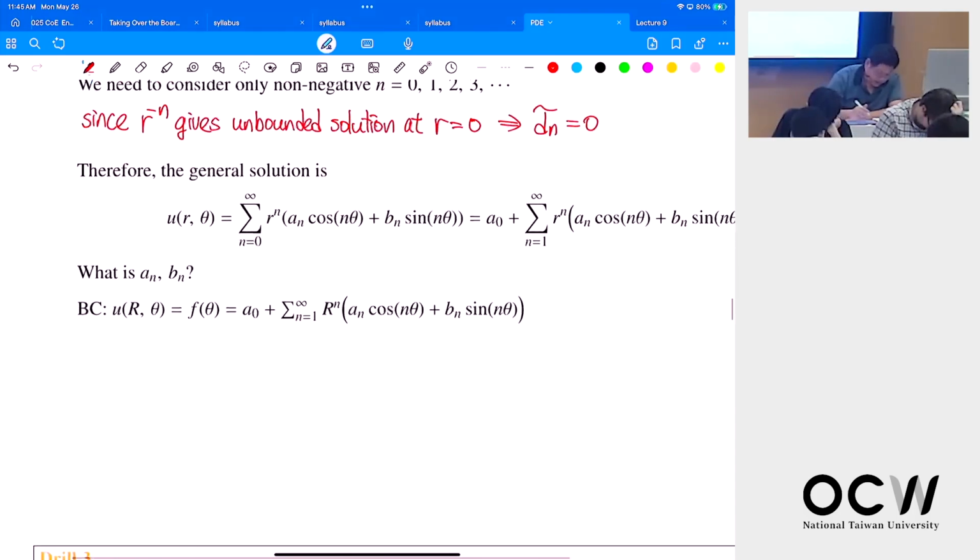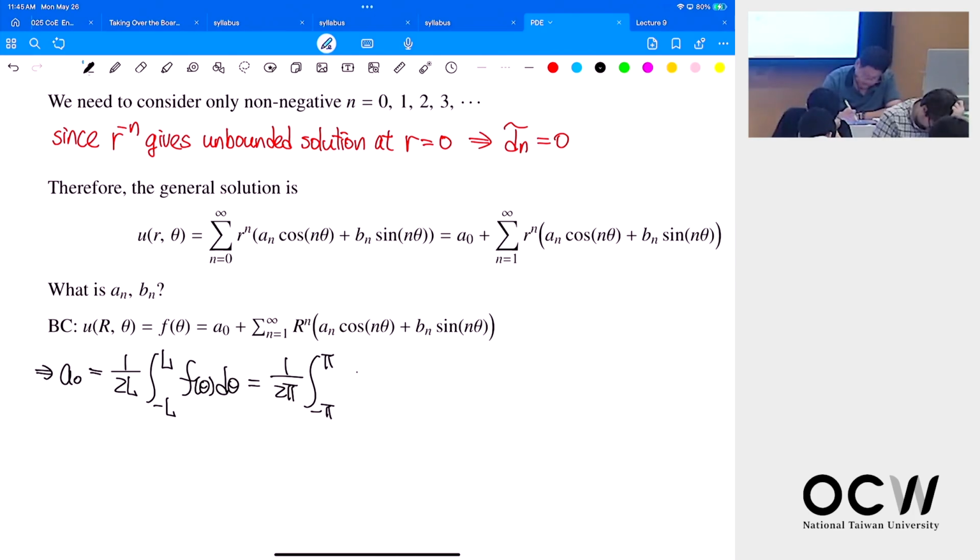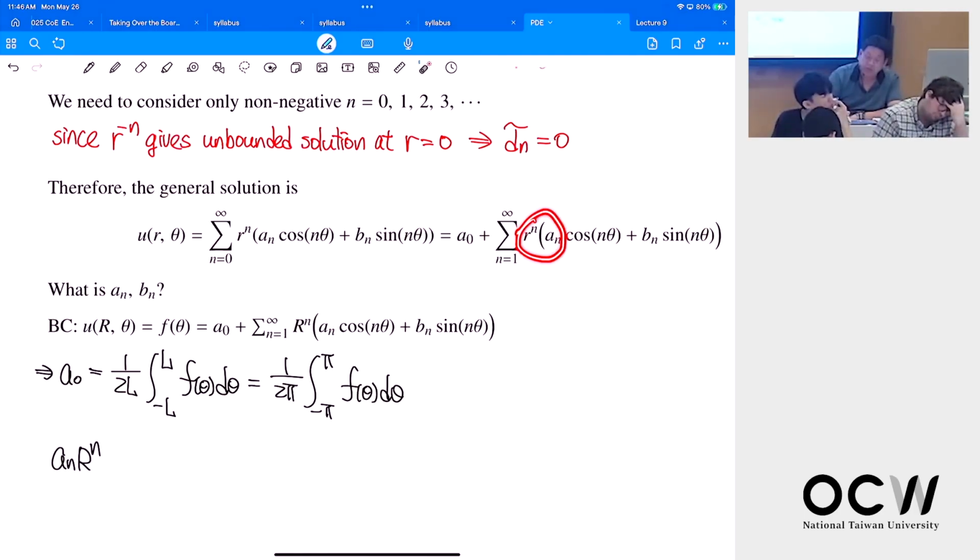So A naught will be 1 over 2L integral from minus L to L of f of theta d theta, which will be 1 over 2 pi integral from minus pi to pi, and the coefficient here, this is the coefficient, okay, not just A_n. So this all around will be the coefficient.